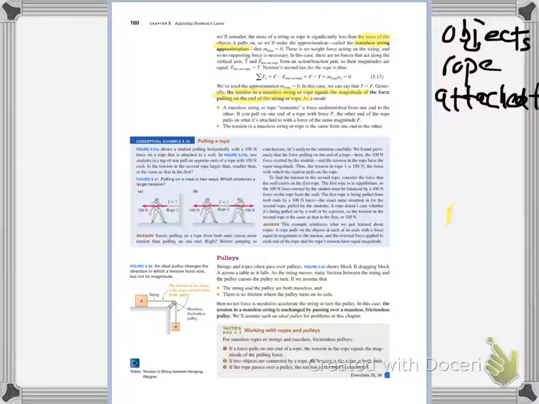Now with pulleys, this is going to be a very common situation that we'll see. If you're not sure what a pulley is, that's what this is right here. It has a circular wheel that the rope goes through, which is going to allow the pulley to spin. Now this example here on the bottom left is a type of Atwood machine, and this is going to be the majority of the questions that you will see.